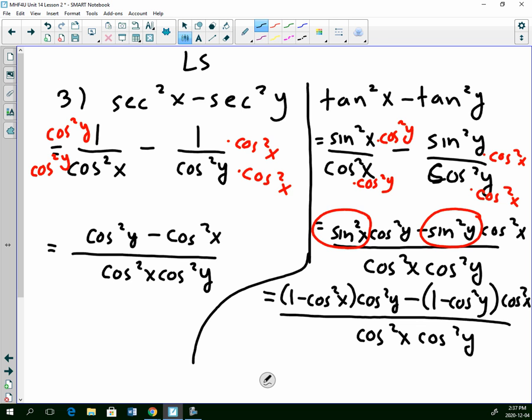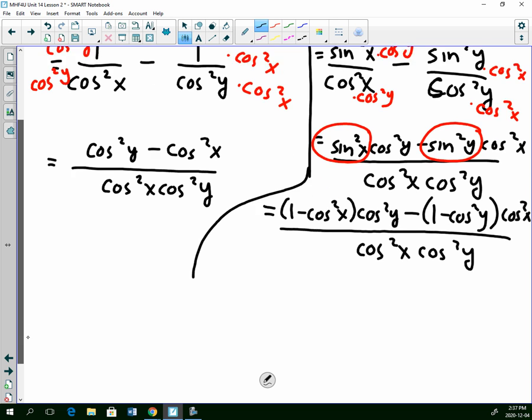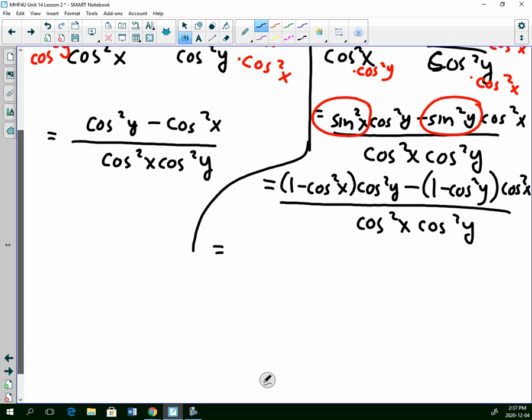And then we can expand. So we're going to multiply cos squared y times 1. Cos squared y times cos squared x. Then we're going to have minus 1 times cos squared x.